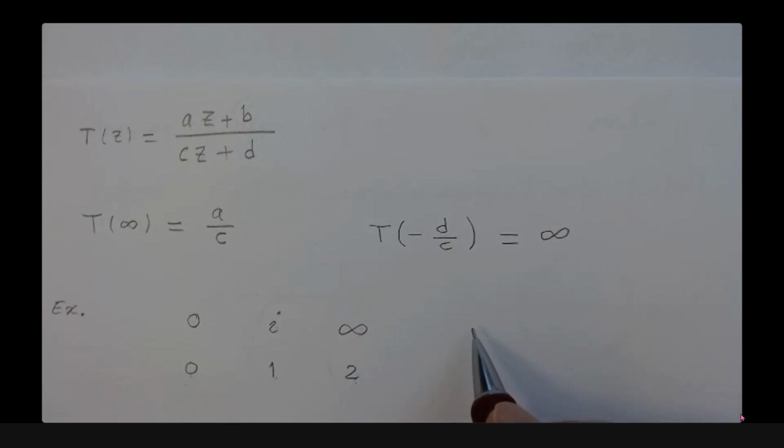Well, T of 0 equals 0 gave me b is 0. Now, talking about T of infinity being 2. T of infinity is A over C.